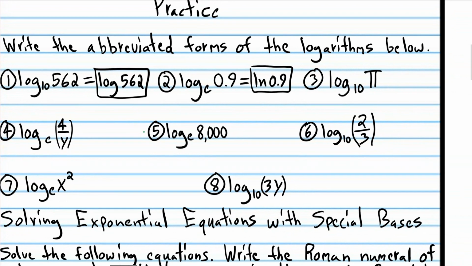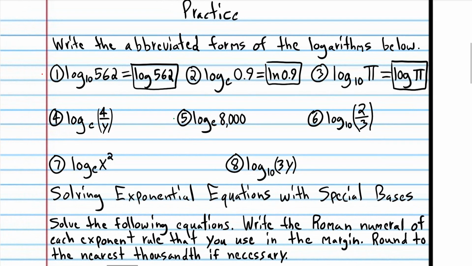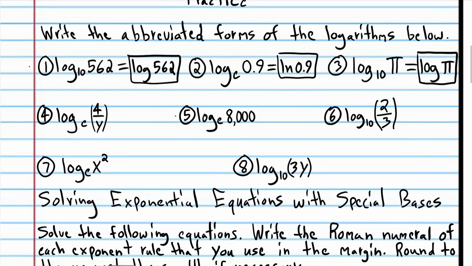Again, these are special bases. And log base 10 of pi can be abbreviated as log pi. Again, if the base is 10, then you can just write log of whatever that number is in the function. And log base e of 4 over y you can write as ln 4 over y.